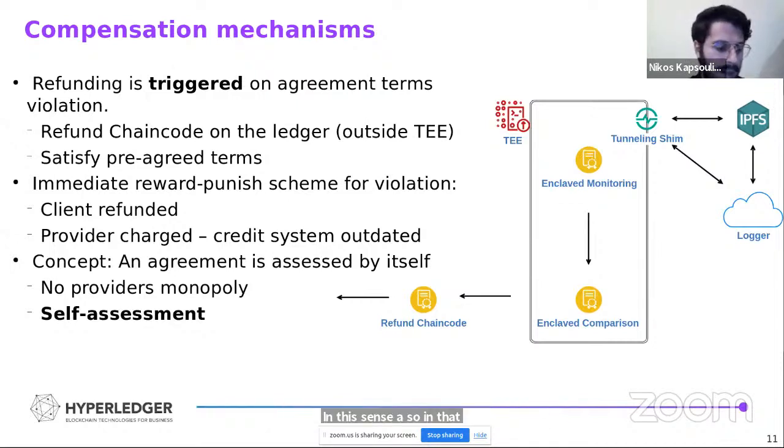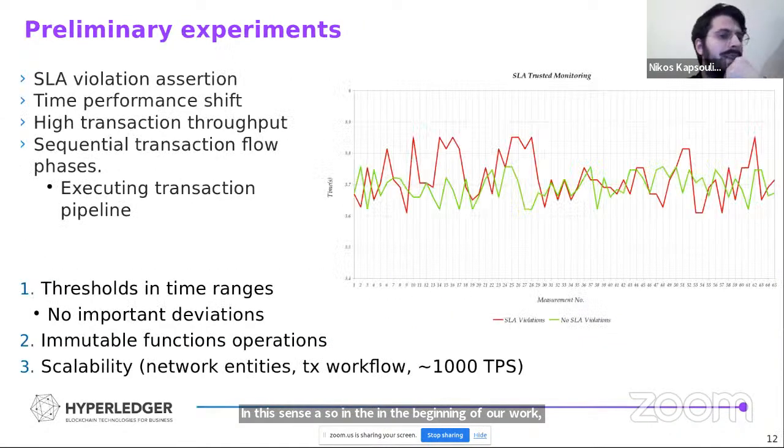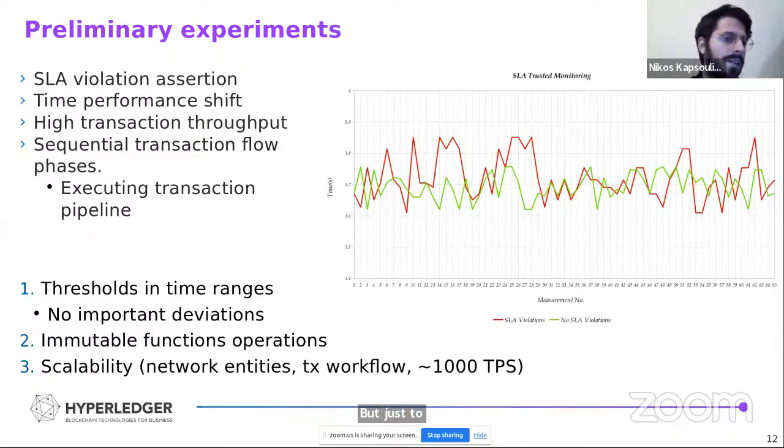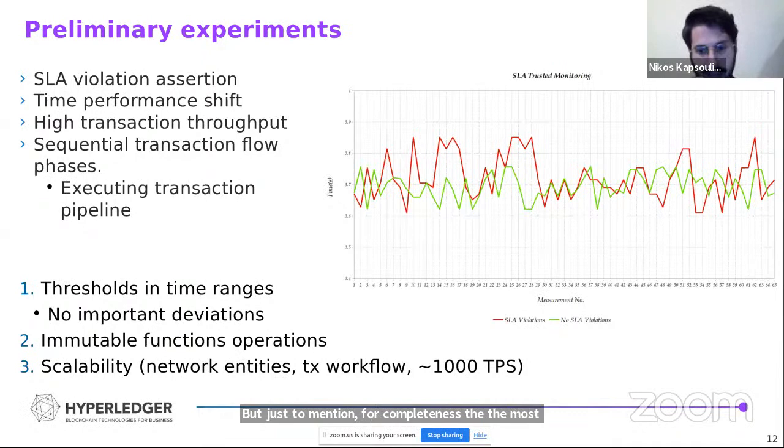So in the beginning of our work, early on, we had also some preliminary experiments of performance. The thing is that since we're evolving on this, we're also aiming at extracting new ones. So we have not included something like this in the white paper, but just to mention for completeness, the most important thing is that the deviations are not critical when we're deploying a specific contract that does this kind of calculations.